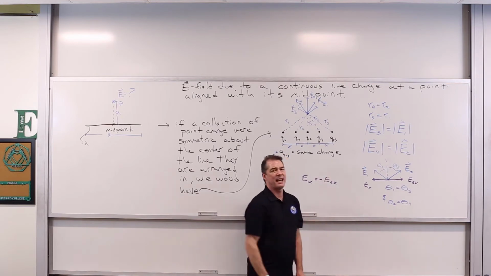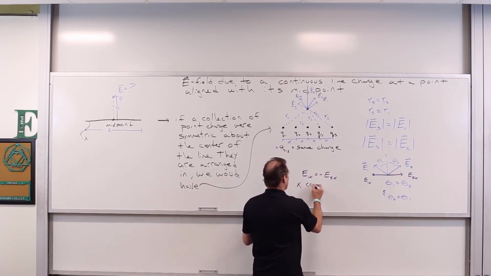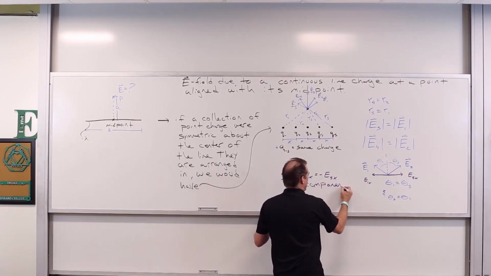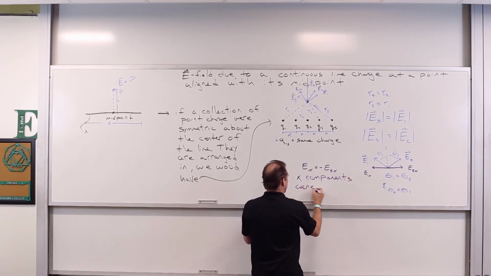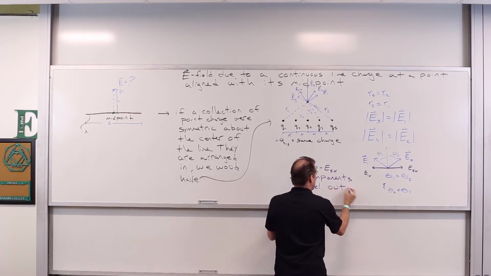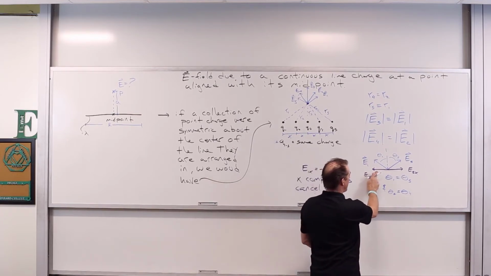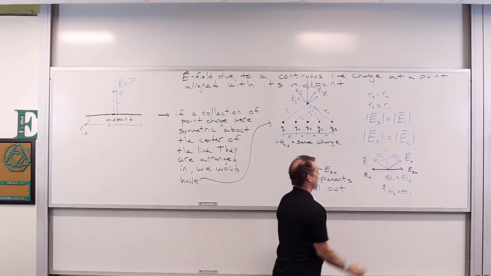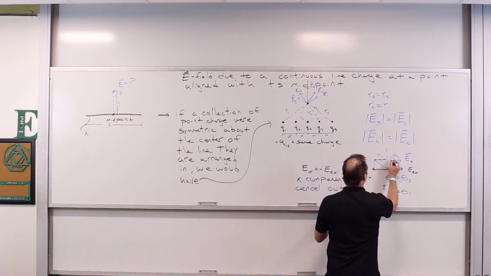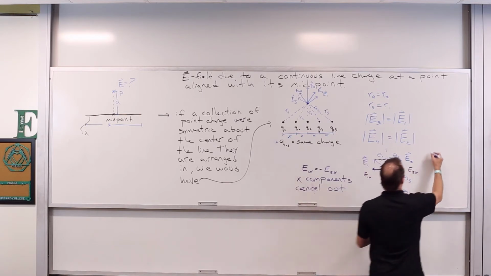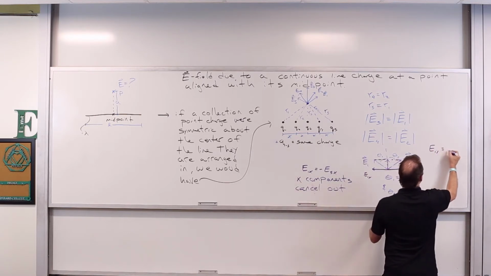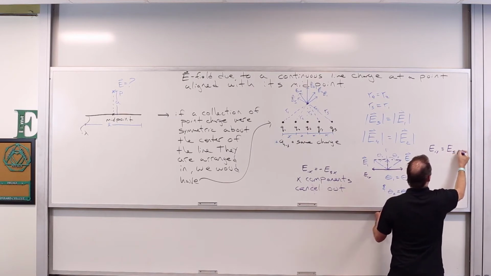The x components cancel out. Just as much on this side as is on this side, x components cancel out, which just leaves us with the y components of both of these. Y components are the same. We have E1y is equal to E5y.